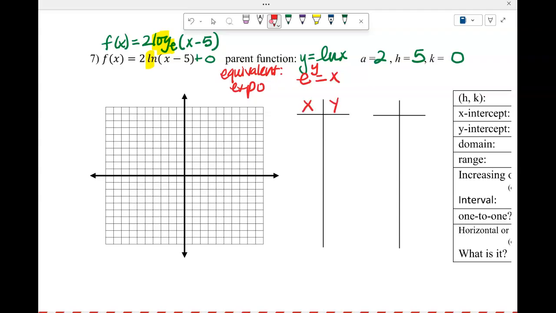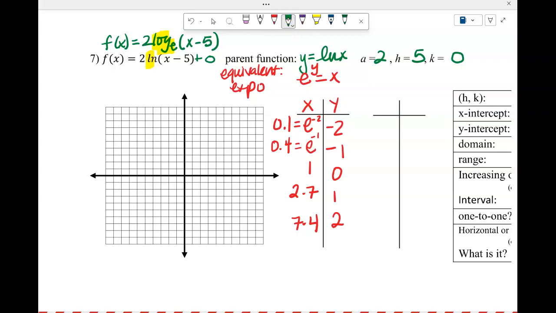So x, y, we are going to pick y because y is your input. e to the negative 2, if you guys remember, we use a calculator and we said this is about 0.1. e to the negative 1 is 0.4. e to the 0 is 1. e to the first power is 2.7. And then e squared is 7.4. Yes, we can use a calculator to approximate those.